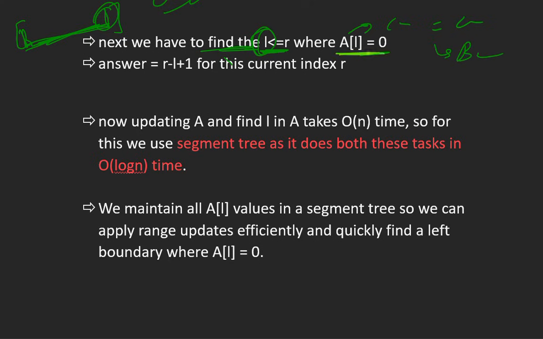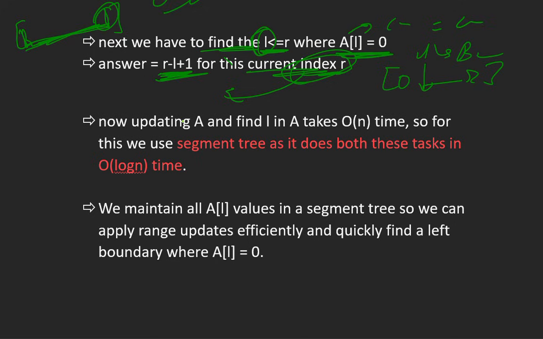For finding this, we iterate from 0 to r and take the smallest index L where a of L is equal to 0. Then our answer will be r minus L plus 1, right? For this current index r, we get our subarray length as r minus L plus 1.